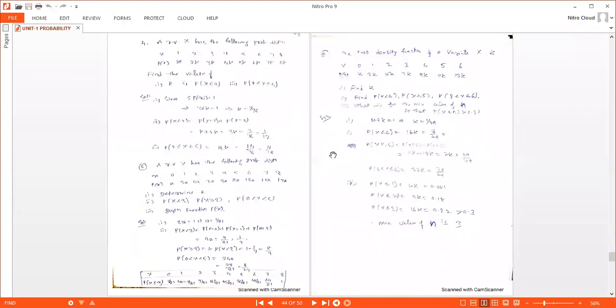Next, last one. So what will be the minimum value of n? So the probability of X less than or equal to n which is greater than 0.3. So for what value of n this probability value is greater than 0.3, that we have to find.